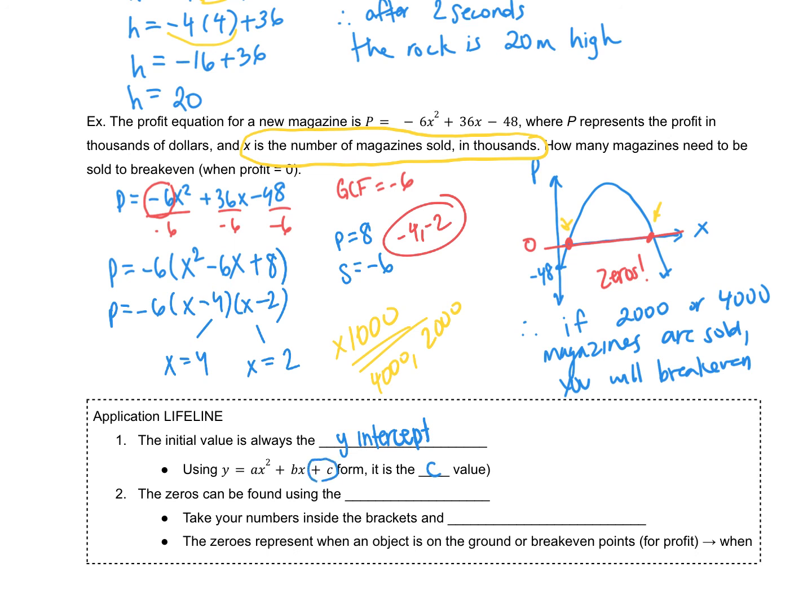The zeros can be found using the factored form, like always. And you're just taking your numbers inside the bracket and changing the sign. The zeros represent when an object is on the ground, or they represent your break-even points for profit.